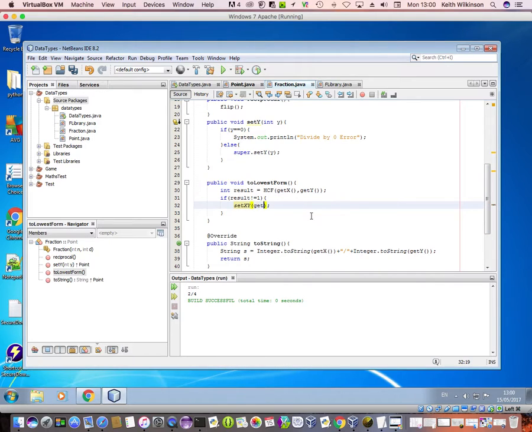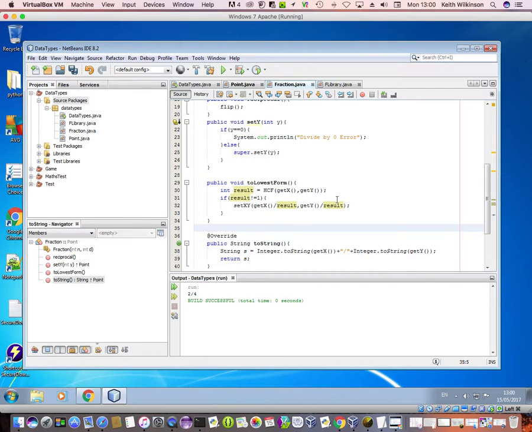So we do that by typing get x. So that gets us our x value, and I can divide that by result. So that's the new x value. I can do the y value the same, get the y value, and divide that by result. And that should give me my fraction in its lowest form.